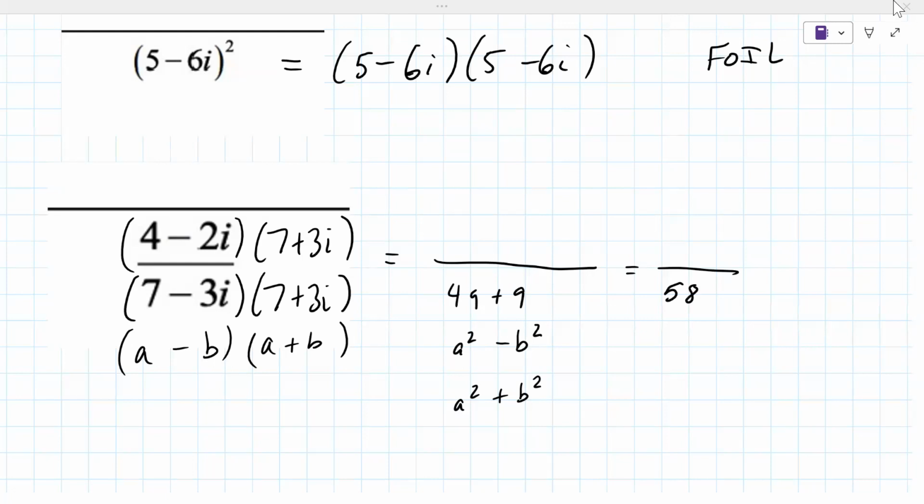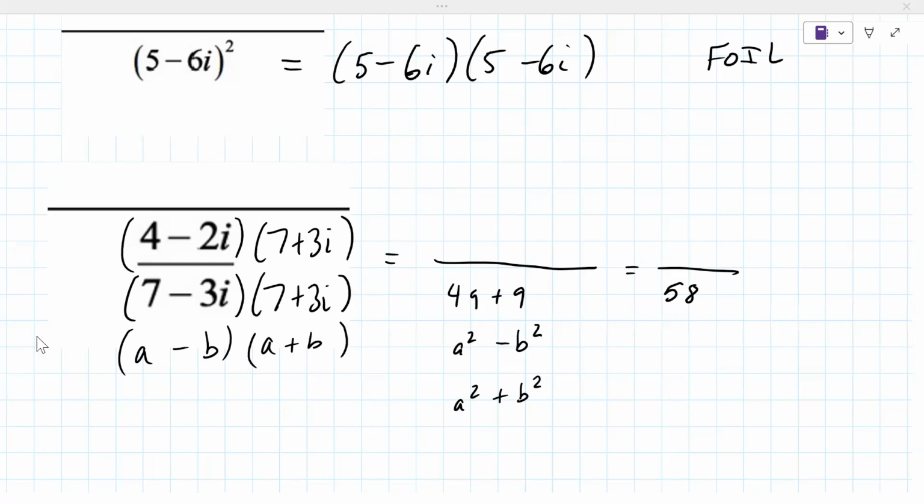All right, I feel like I can simplify this, but I got 28 over 58 plus 32 over 58i.